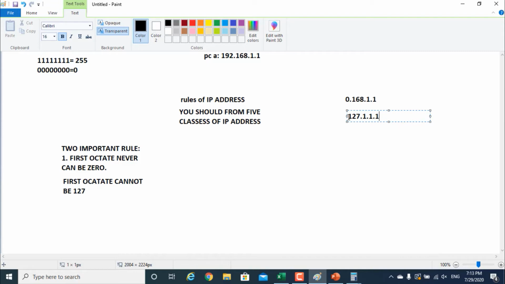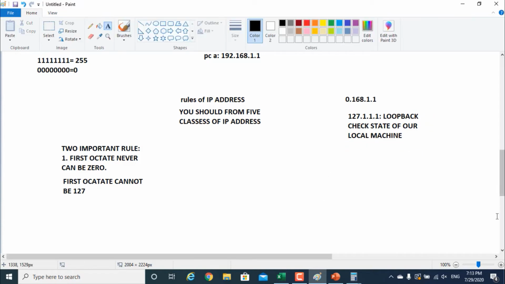This IP address cannot be assigned to a device because it is for loopback. Loopback is an IP address we use to check the state of our local machine, the machine that you are currently working on. For example, right now I'm working with my laptop.